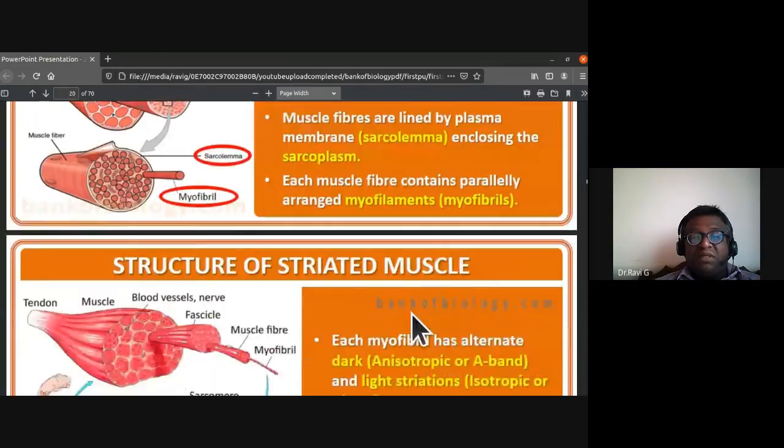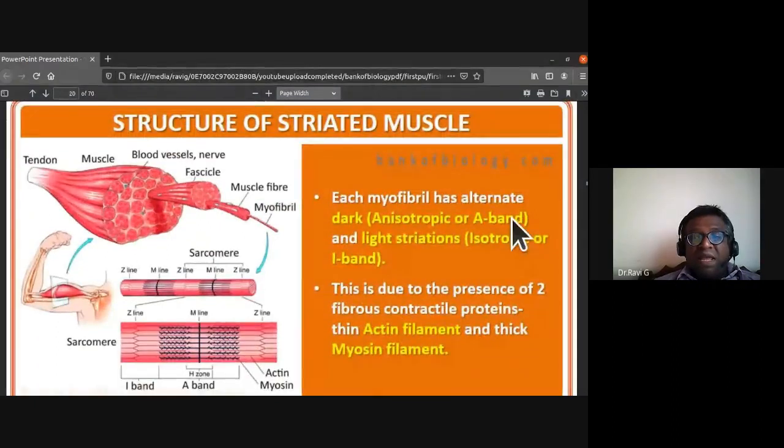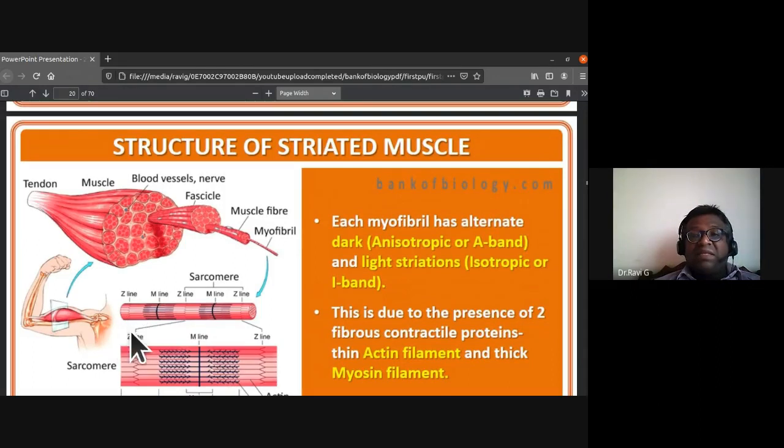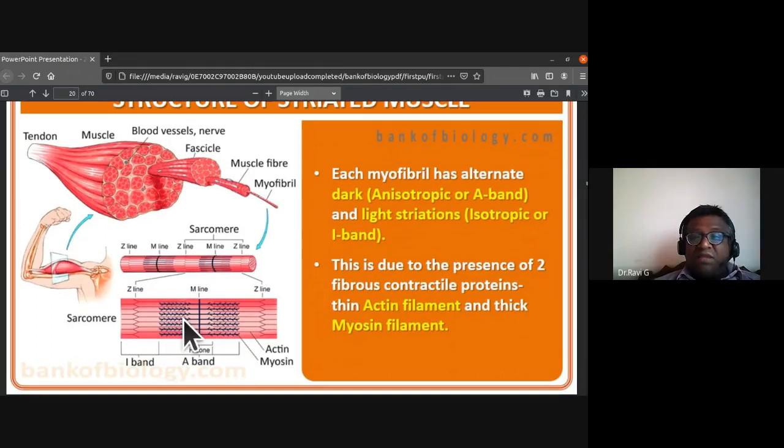Each myofibril has, as you can notice, a dark anisotropic zone, also called the A band, and light striations, that is the isotropic or I band.